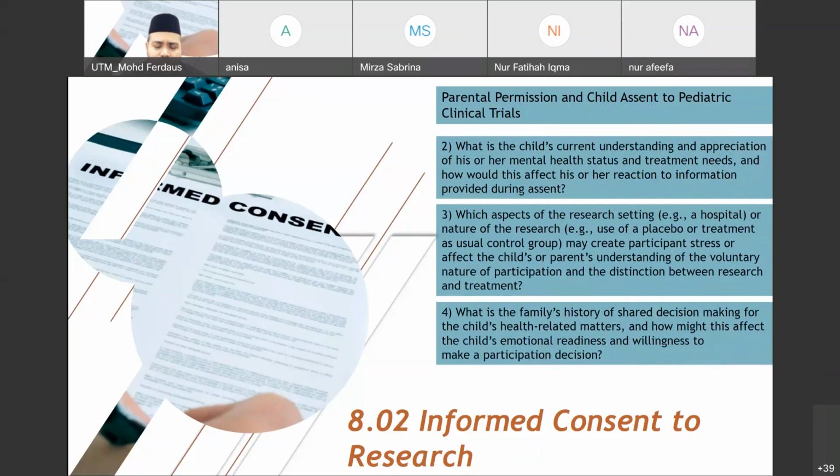Another thing to consider: what is the child's current understanding and appreciation of his or her mental health status and treatment needs, and how would this affect his or her reaction to information provided during a session? So we need to understand their appreciation of their mental health status.